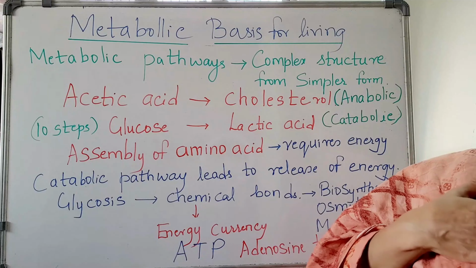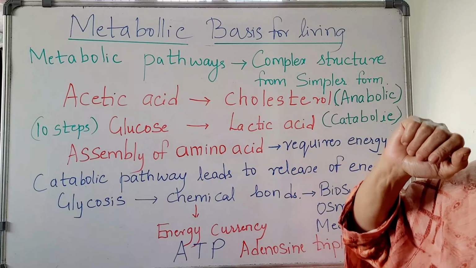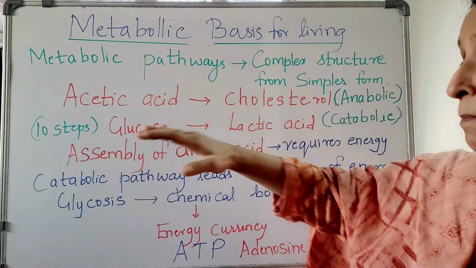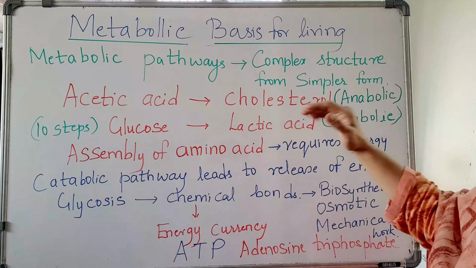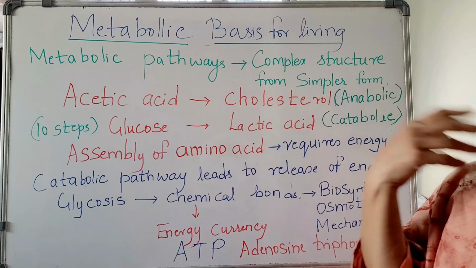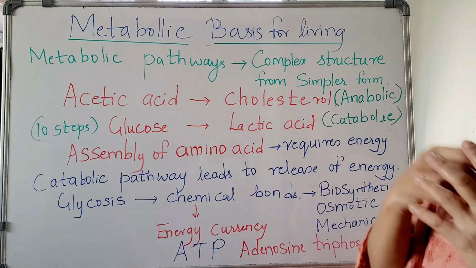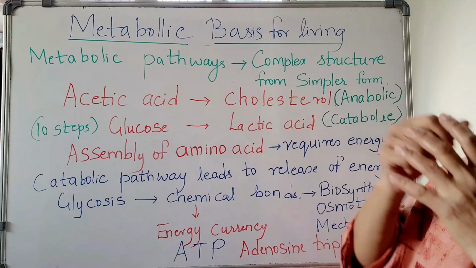When you construct something, energy is required. Energy is required for construction. When destruction takes place, then the energy is given out. So here, in the case of conversion of glucose, that is glycolysis, which takes place in 10 steps, which leads to the formation of lactic acid, here energy is released. We get energy by this process, which is in the form of chemical bond, that is ATP, adenosine triphosphate.